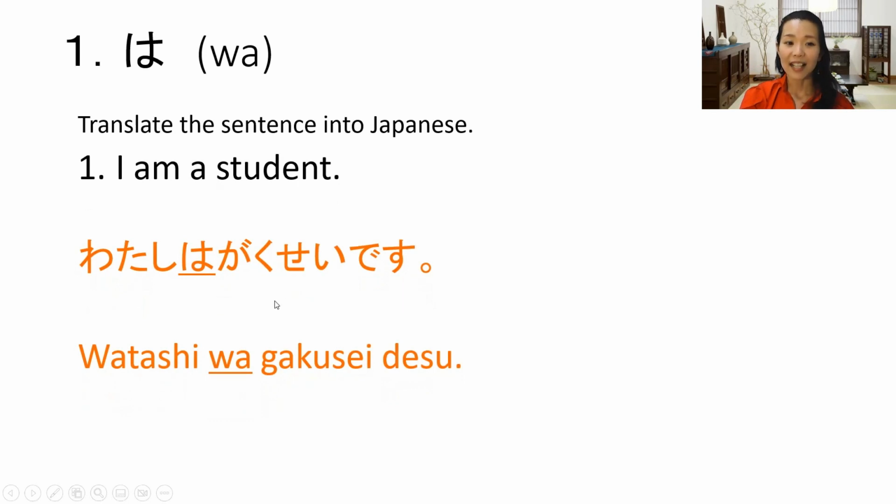私は学生です。One more time. 私は学生です。Good. If you compare this sentence to the English one, it's basically the same order: 私 is I, then wa is is. But we don't have a or an in Japanese.